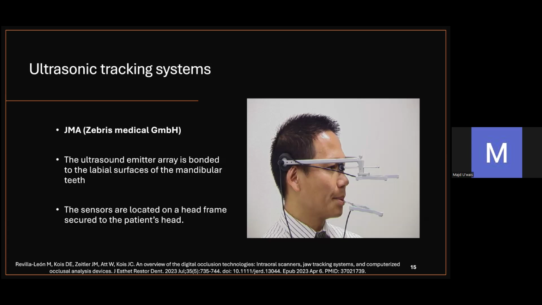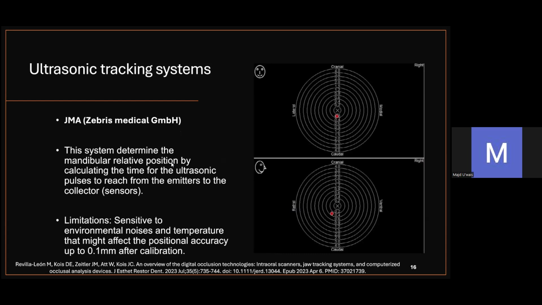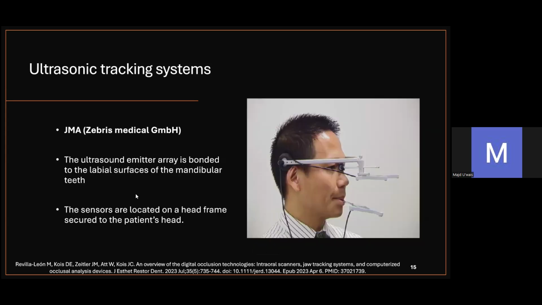First, the ultrasound tracking system. This figure represents the GMA tracking system. Regarding the components, the ultrasound emitter array is bonded to the labial surfaces of the mandibular teeth, and the sensors are located on the head frame secured to the patient's head. So, this system determines the mandibular relative position by calculating the time for the ultrasonic pulses to reach from the emitters to the collectors in the frame.